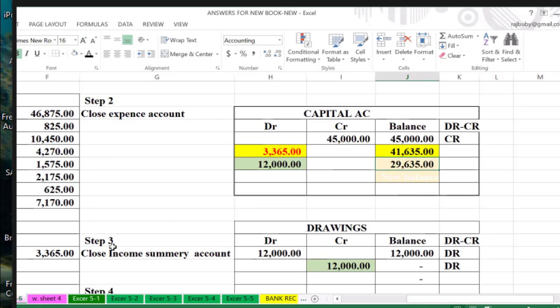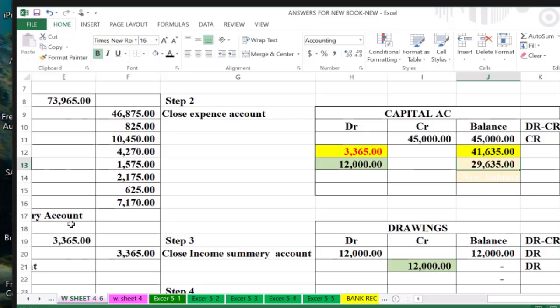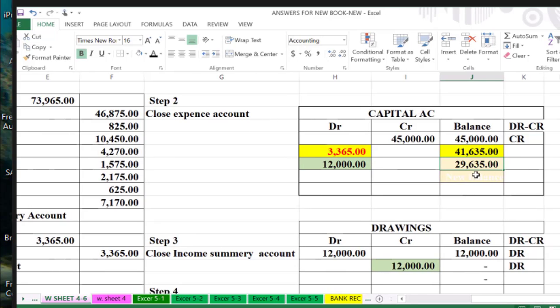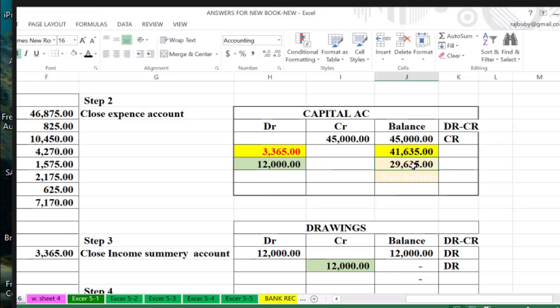We close all the temporary accounts, revenue and expenses. In the new year, we are going to have only balance sheet balances. The capital is the only one changing according to this. Other than that, according to your trial balance, you are going to take all the balance sheet items except capital. That is the new trial balance.